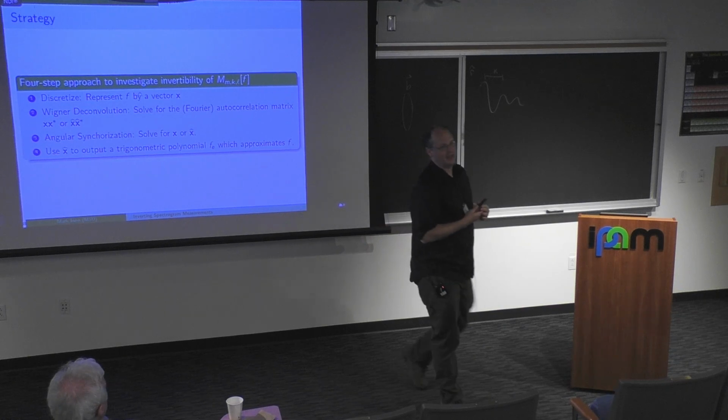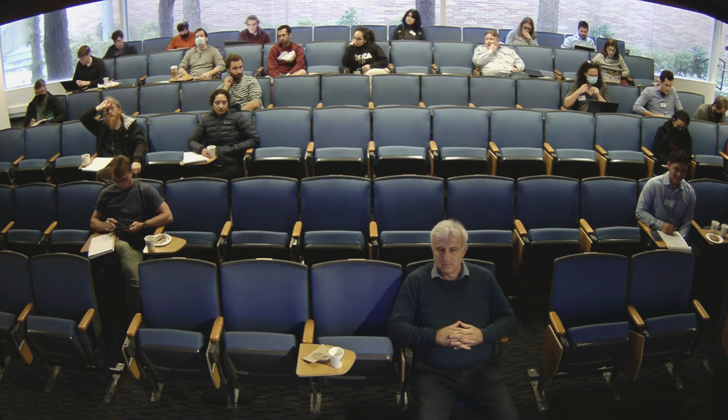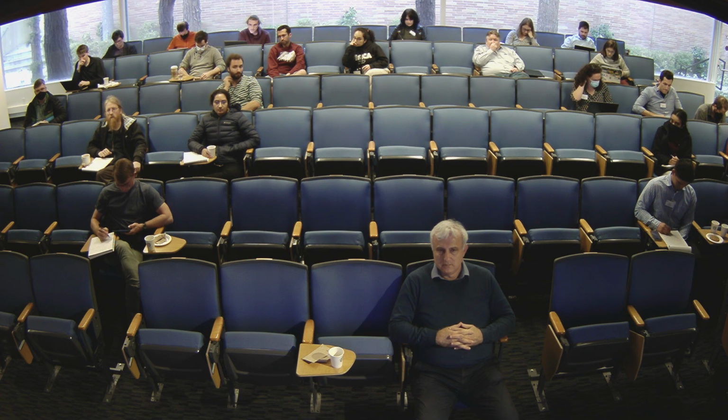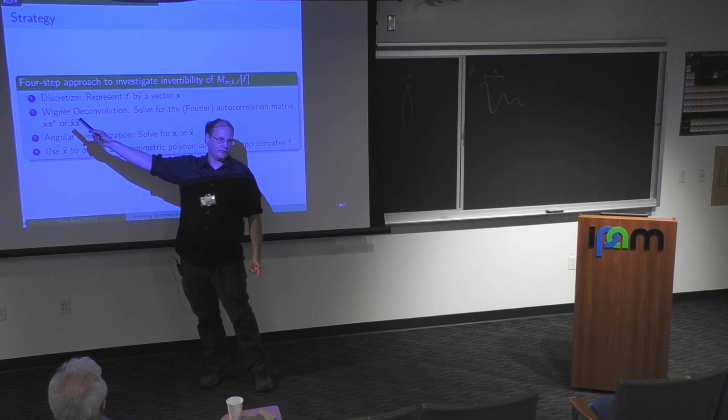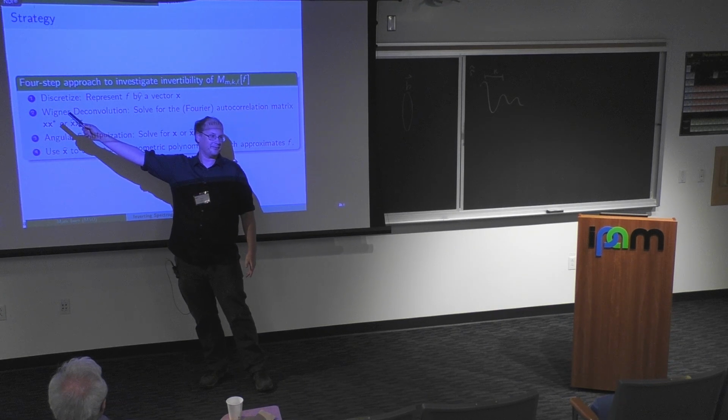Yeah. Quick question. So I thought if you have the Wigner transformation, the Wigner function, that it is actually invertible up to a constant phase. So why would you need this angular synchronization? Because we're going to use a modified form, and we won't have the entire thing. We're only going to get a portion of this.